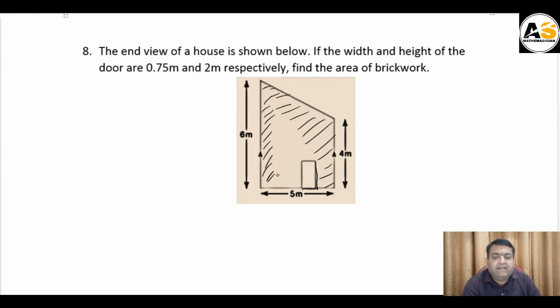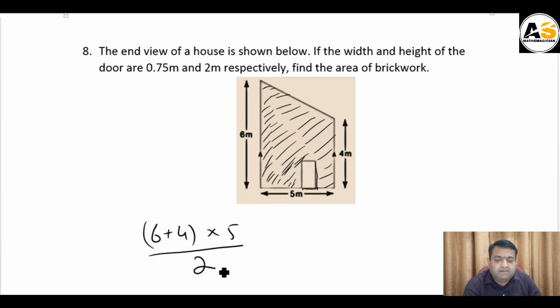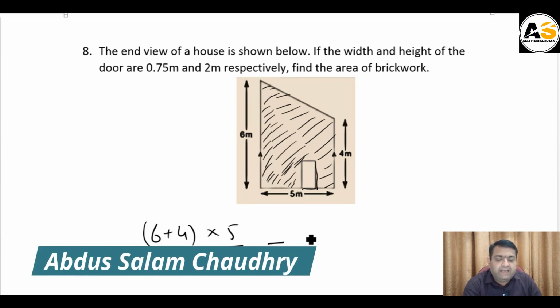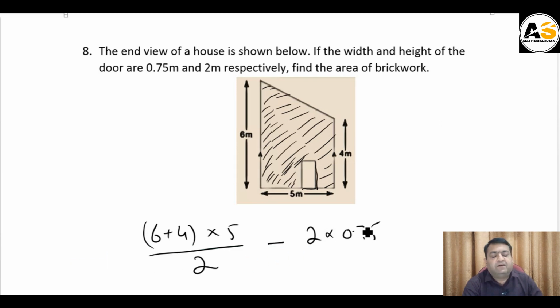First, we will find the area of trapezium and then we will find area of the door. Area of trapezium is sum of two parallel sides, 6 plus 4, multiplied by height, distance between these two parallel sides, divided by 2, and area of door is 2 multiplied by 0.75.